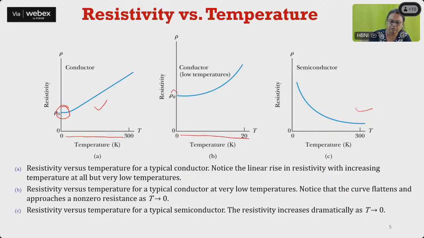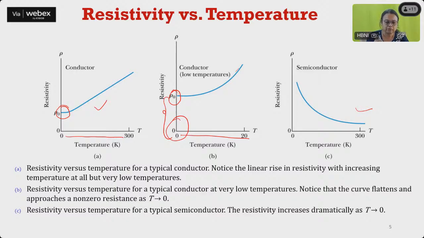At very low temperature, we have some resistivity in the case of a conductor, and then it keeps on increasing. It is a parabolic behavior initially at low temperature, and then it becomes linear. For a conductor, the resistivity doesn't really go to zero at zero temperature, because of some impurities present in the conductor.